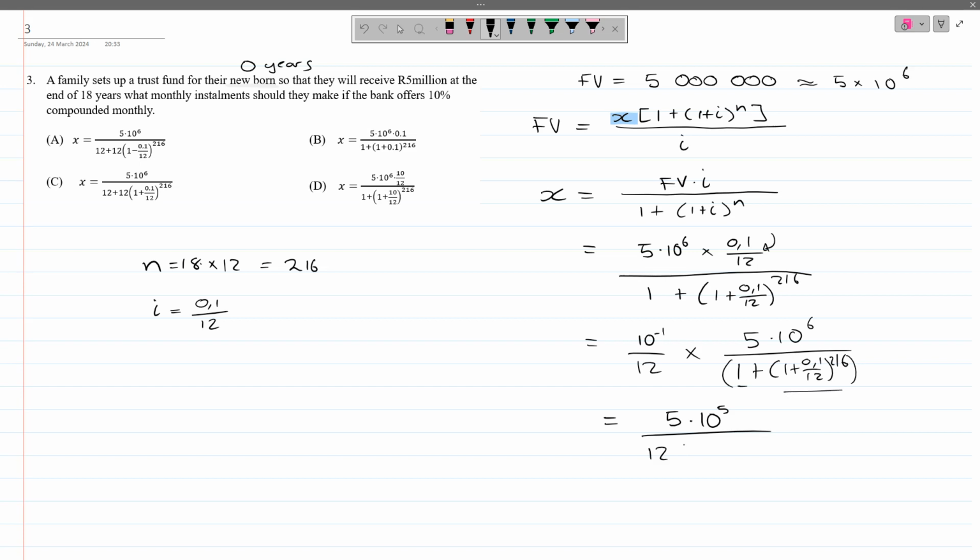So we're going to have 12 times (1 plus 0.1 over 12) to the power of 216. And as you can see, that corresponds with the answer for, it should be C, but here it's supposed to be 5, but that will be fixed in your questions.